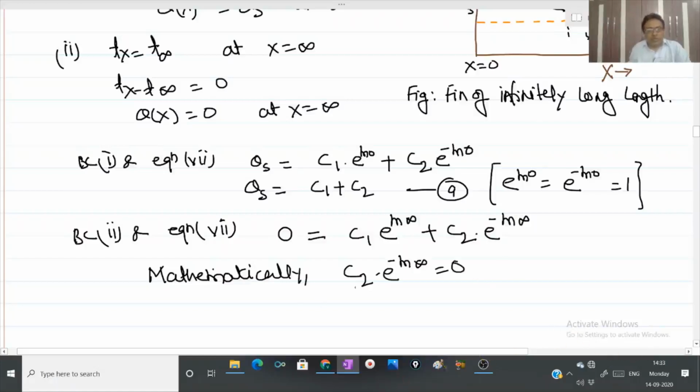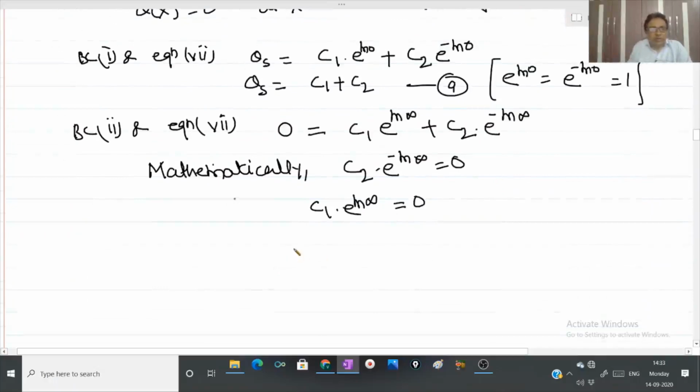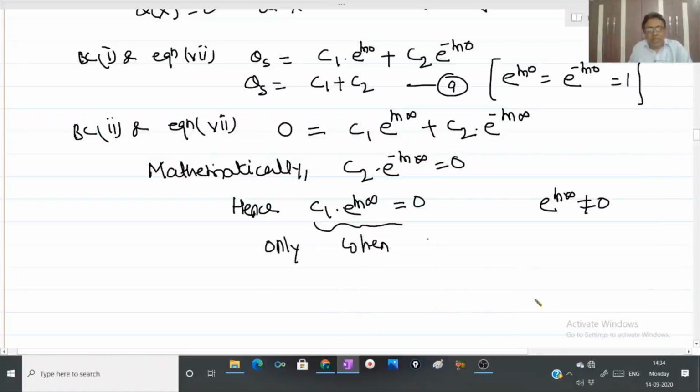So c1 e to power m infinity will be equal to 0. Now e to power m infinity can't be 0, so the entire left hand side will be equal to 0 only where c1 is equal to 0. So from this discussion, we got the value of c1 as 0.